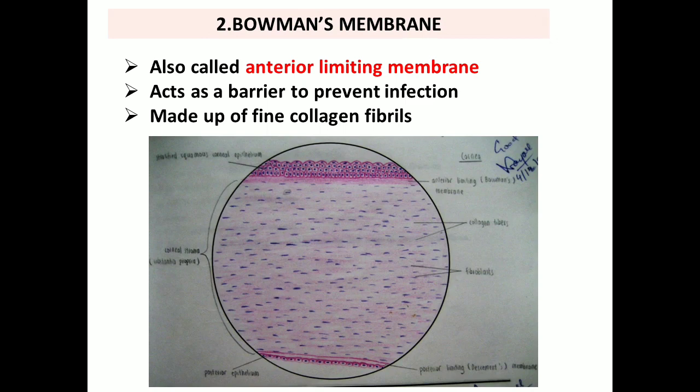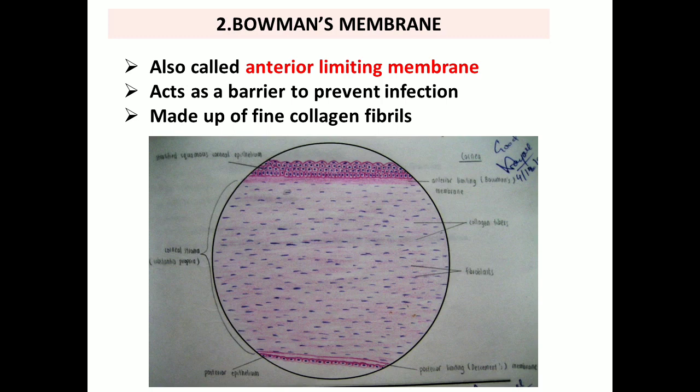Next is Bowman's membrane, the second layer, also called the anterior limiting membrane. This layer acts as a barrier to prevent infection of the lining epithelium from spreading to deeper aspects.